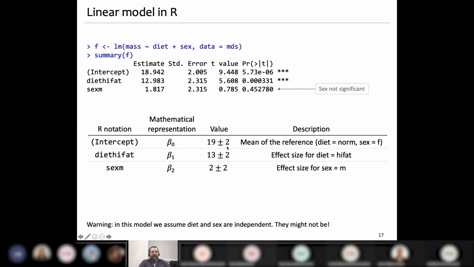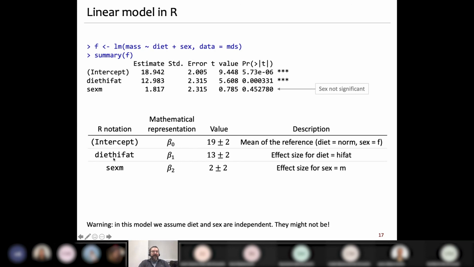Its value is 19 plus minus 2. That's the estimate and its standard error. This is the mean of the reference. And the reference, because we set levels of our variables, is diet normal and sex female.